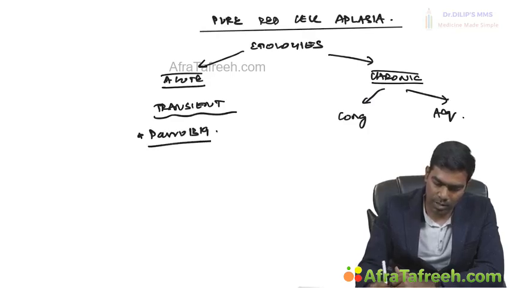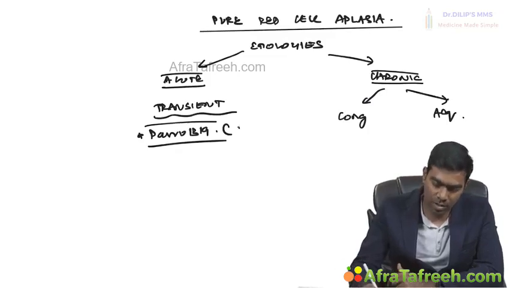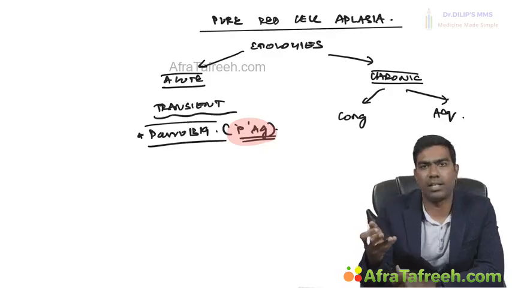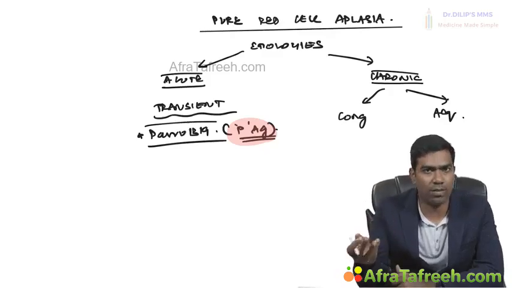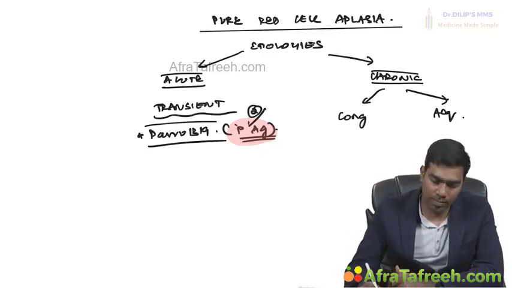Parvovirus B19. If they ask you why parvovirus causes it, it is because they affect one important antigen. They infect the RBCs through the P antigen. There is something called the P antigen on the RBC. They infect the RBC by attaching themselves to this P antigen on the surface of the RBC. This is a very important question. And they destroy the RBC. That is how they cause red cell aplasia.